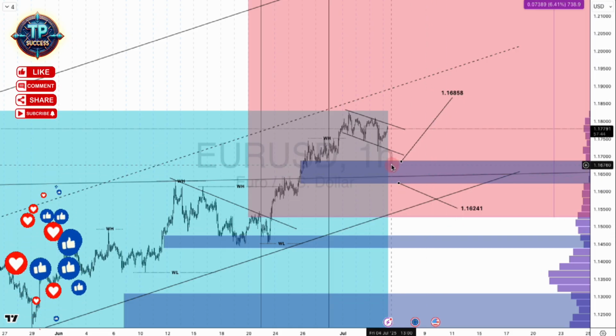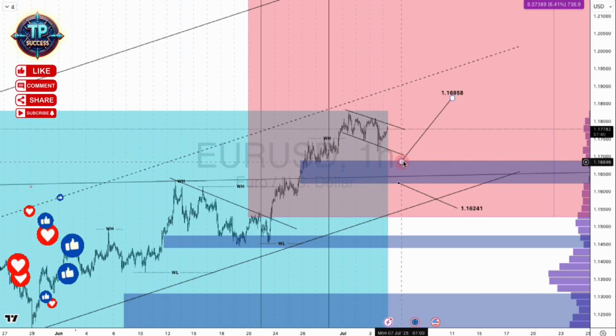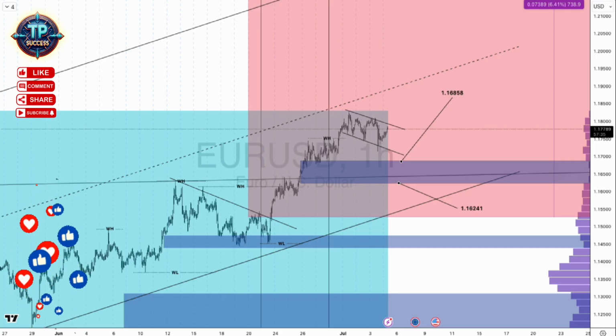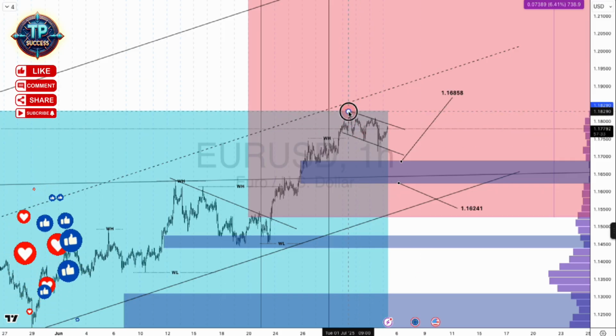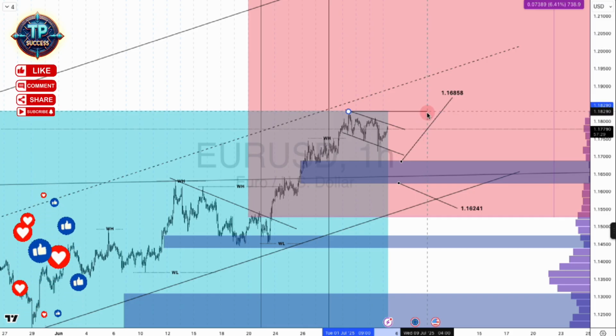Now, say you cannot wait, or for whatever reason you've missed the move in this direction over here. The next safe move to get into this trade is to use the swing high as the indicator to guide you in.